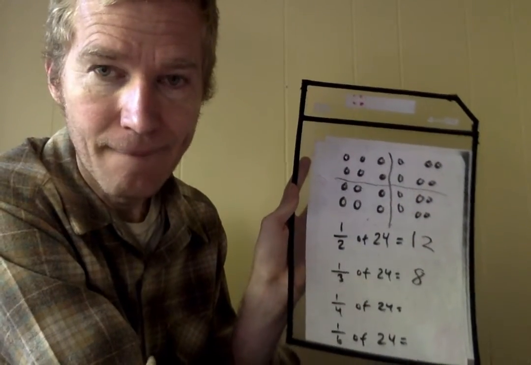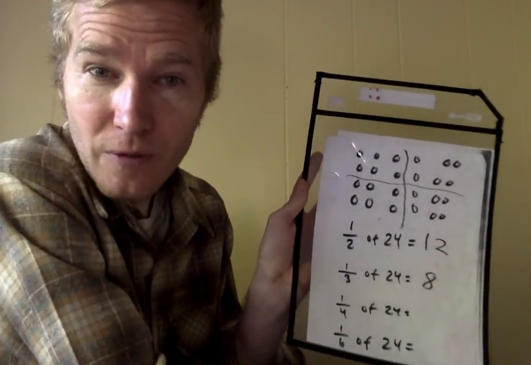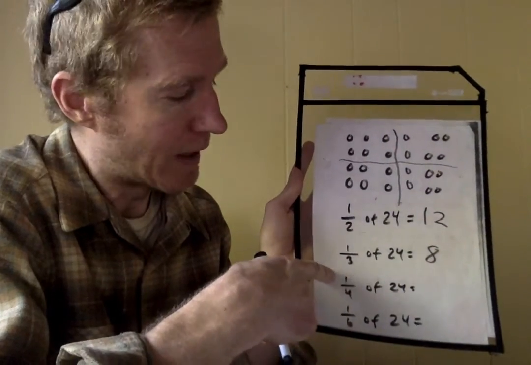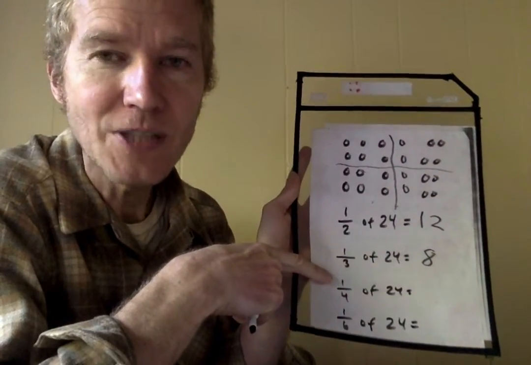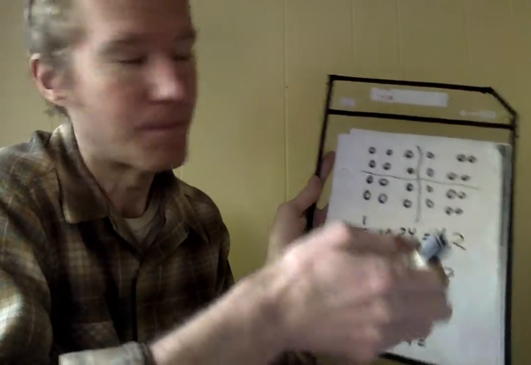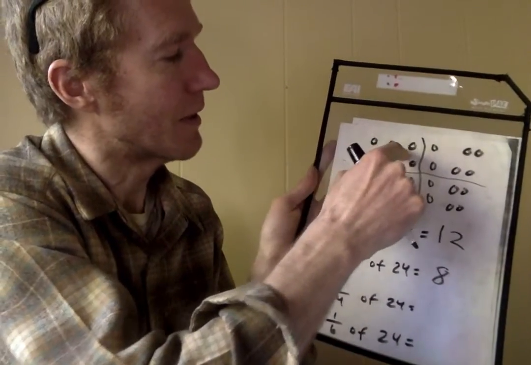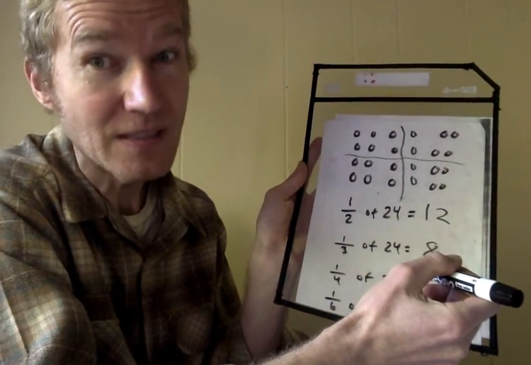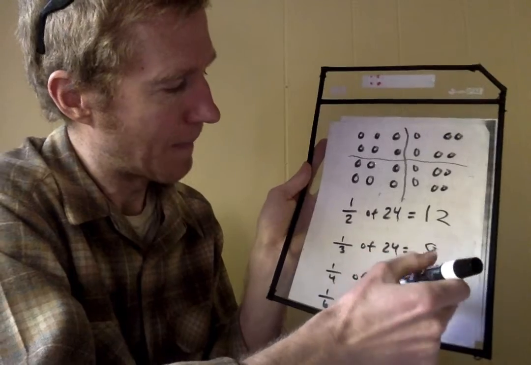So what's 1/4 of 24? Well, 4 means we cut into 4 equal slices. 1 means we want to know how much is in one of those chunks. Let's count them up. 1, 2, 3, 4, 5, 6. 1/4 of 24 is 6.